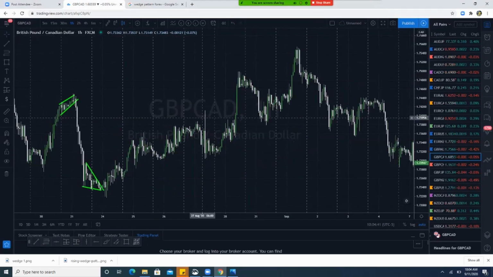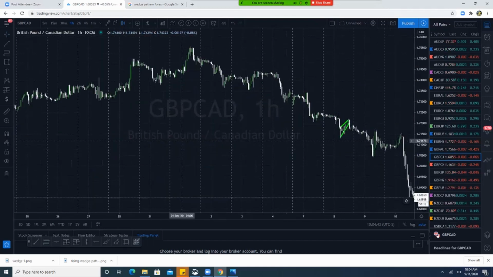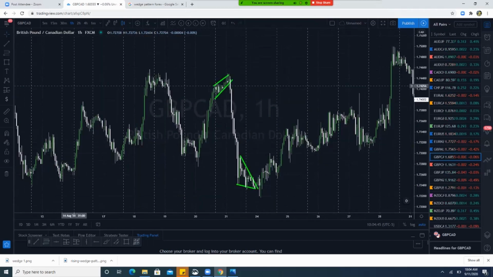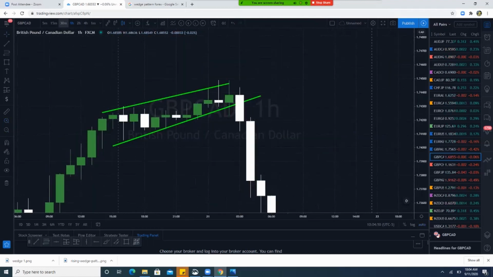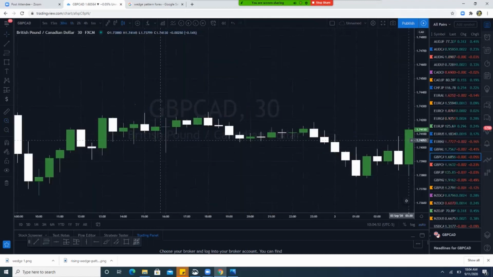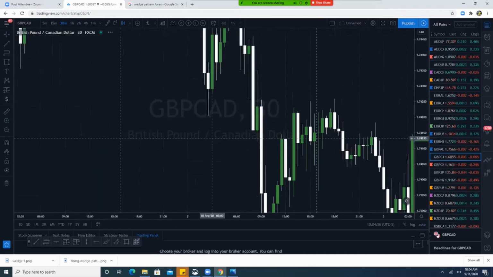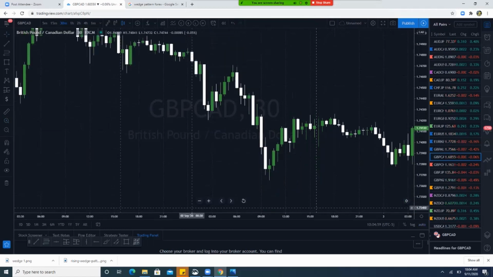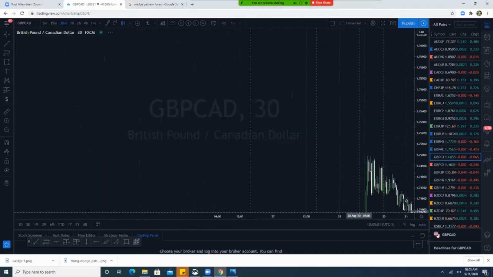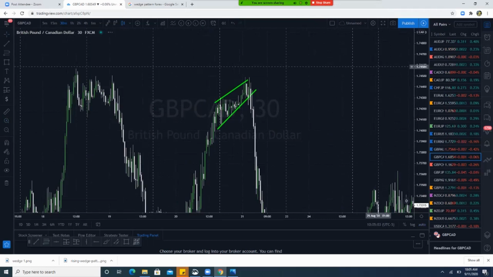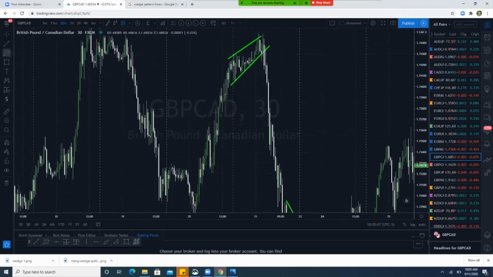So if we look at live examples, you're going to see a couple wedges. Let's focus on this one here, and maybe change the time frame so you can see it easier. There we go. So you see there's an uptrend happening towards the wedge.